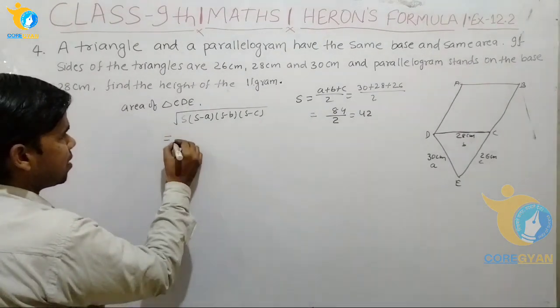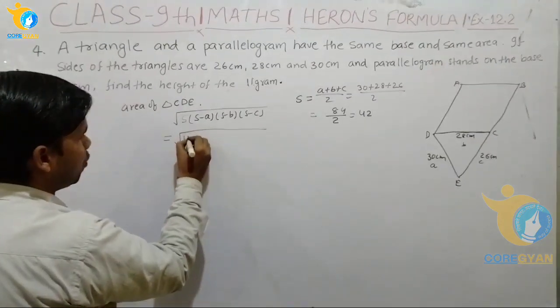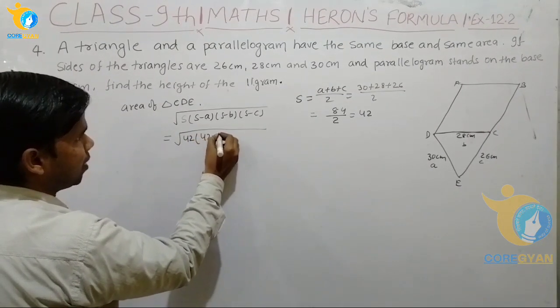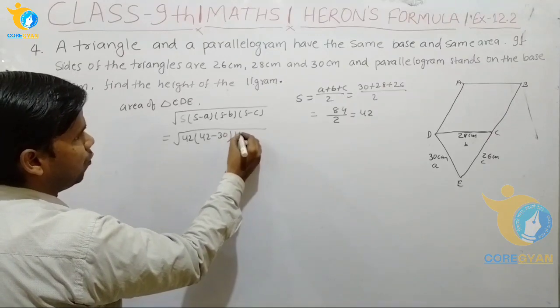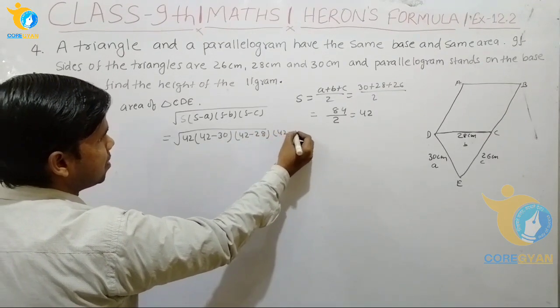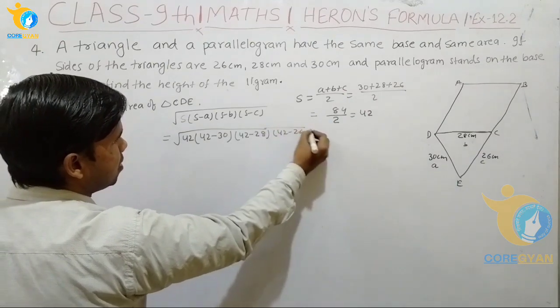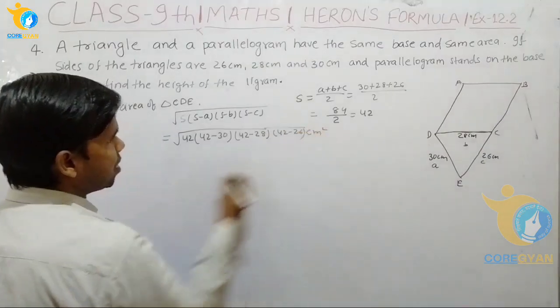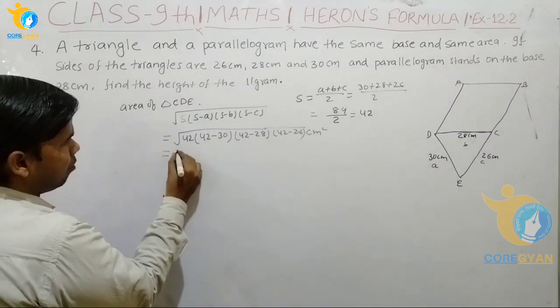So put the value of S, and we have 42 into 42 minus 30, into 42 minus 28, into 42 minus 26 centimeter square. Then we have to solve them.